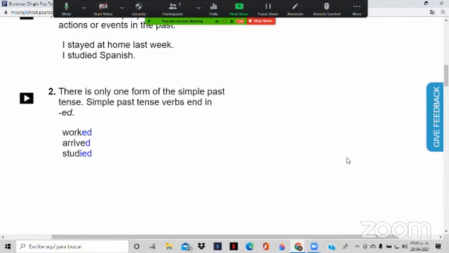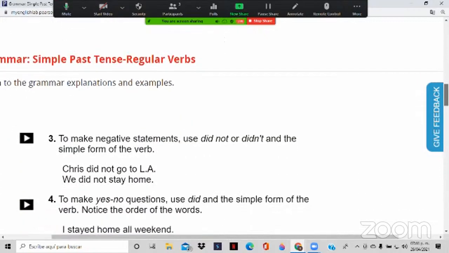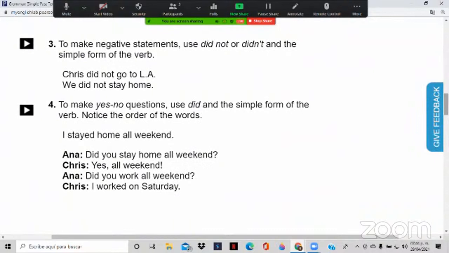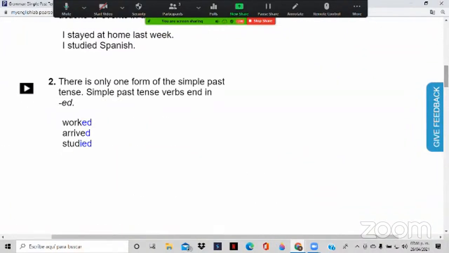¿Alguien tiene preguntas? ¿No? Es decir, ed sería en el verbo pasado, ¿no? Así es, pero del grupo regular, porque el otro grupo que es irregular cambian su forma de ser completamente, como si fuera una metamorfosis, como una butterfly.